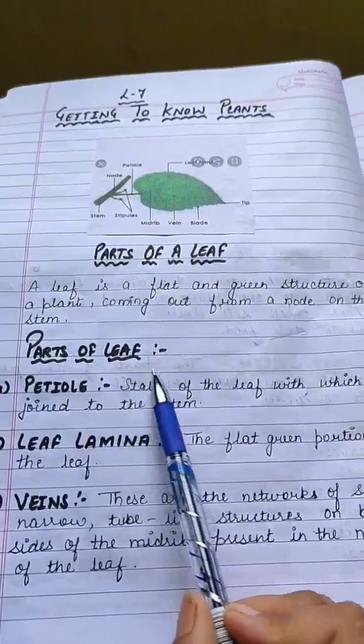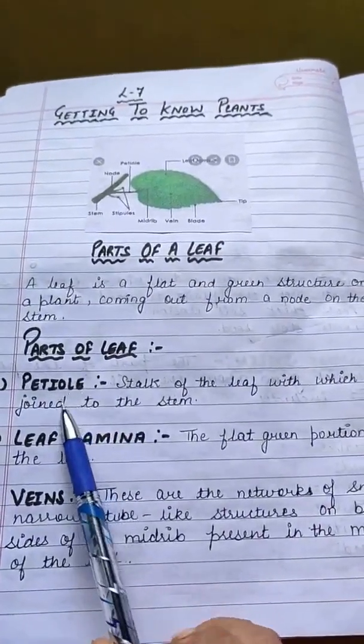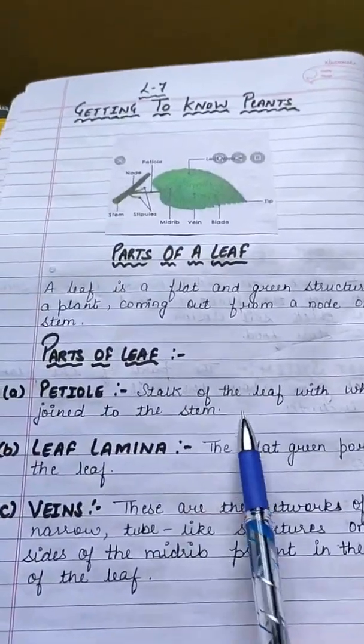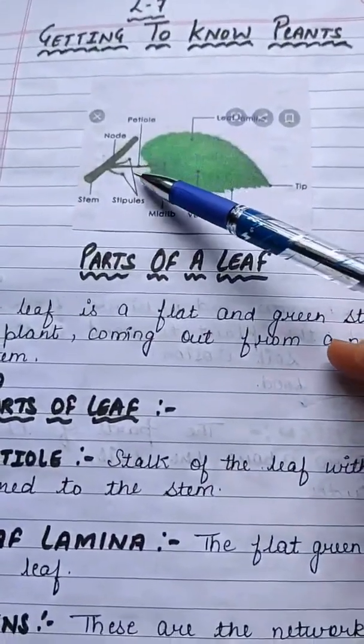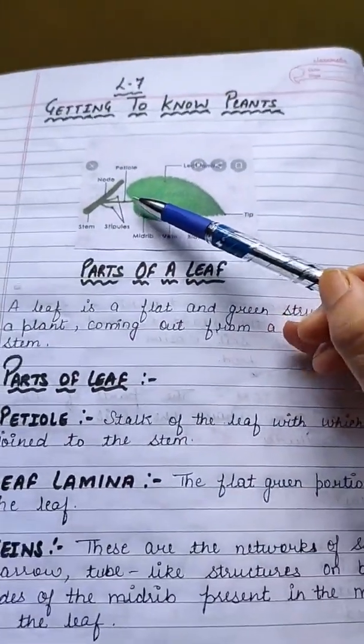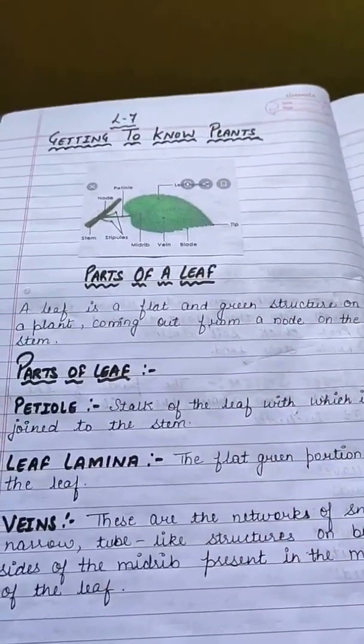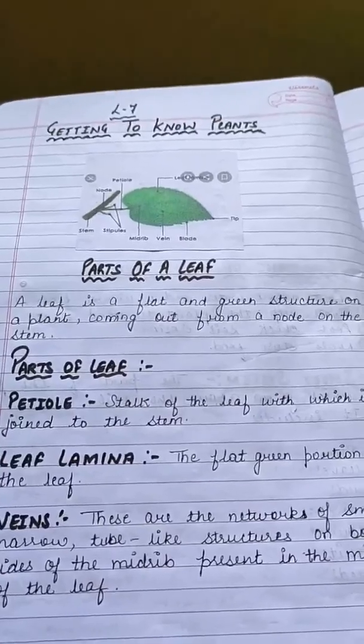Now the parts of a leaf. First is the petiole, the stalk of the leaf with which it is joined to the stem. So this is the petiole and its main function is to join the leaf to the stem.